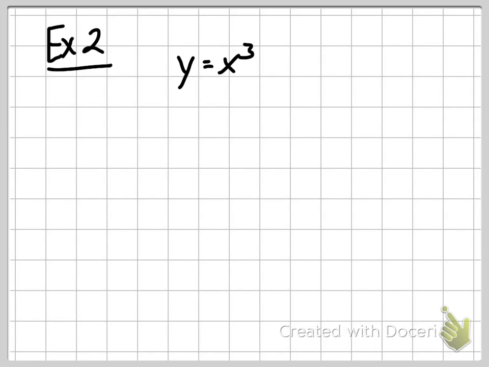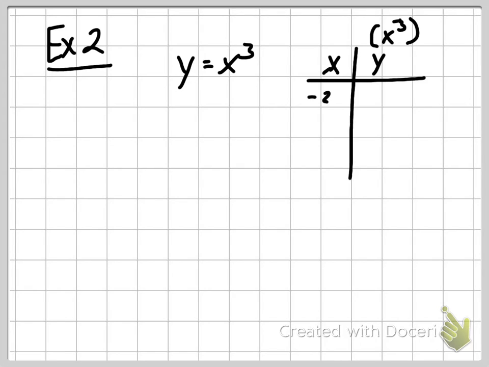we'll go ahead and make a table. So we'll have our x and our y column, where y is going to be x cubed. So let's start with -2, -1, 0, 1, and 2 as our input values, and let's solve for y for each of those.